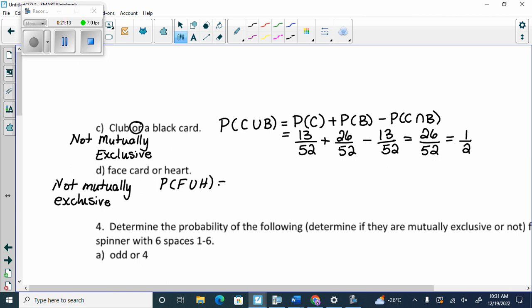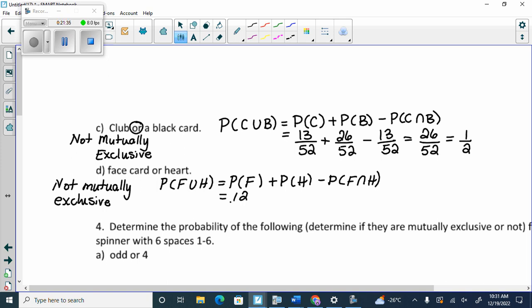Because it's not, I have to take the probability of each, add them, and then subtract off the overlap. How many face cards are there? 12, because there's 3 in each suit, Jack, Queen, and King. And there's 4 suits, so it's 12 out of 52.